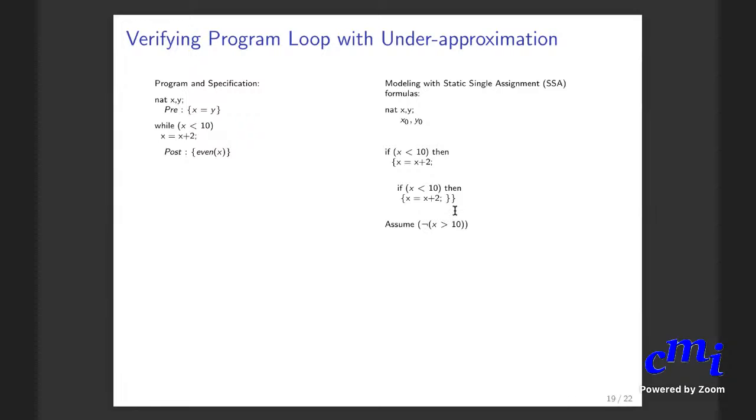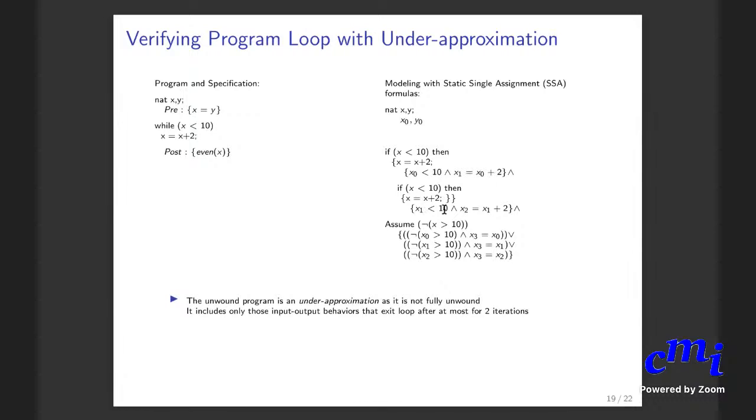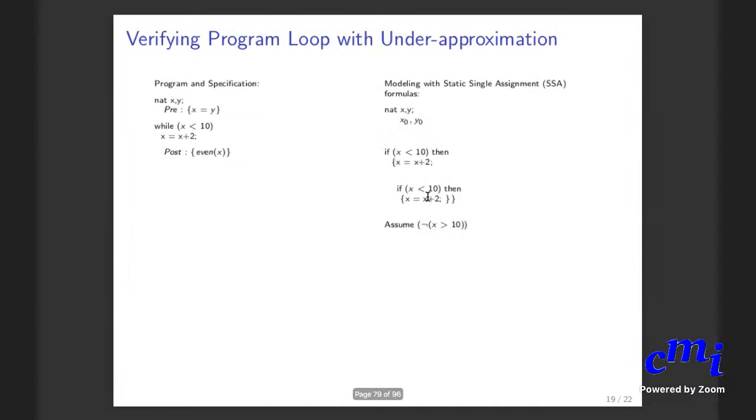So suppose I unwound only twice here, okay? First of all, I'll define under approximation, then I'll return to the question. So here what I did was I unwound it twice.